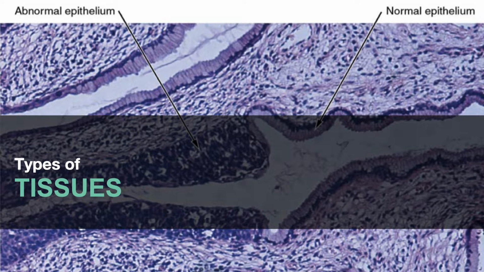So types of tissues. Tissues, you'll recall, are made up of a conglomeration of cells. Cells are ordered in layers and grouped together to create different types of tissue. It's what kind of cells, in what configuration, how they're ordered together that determines the type of tissue. Now, on a cellular level, most cells look very similar.